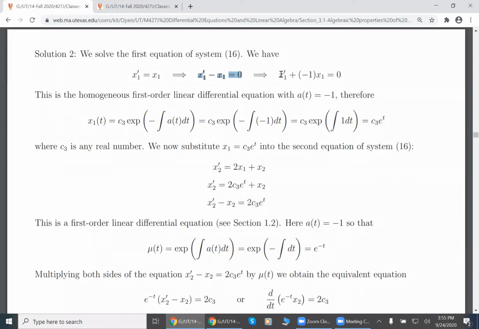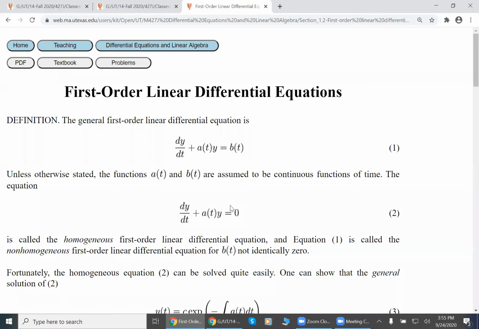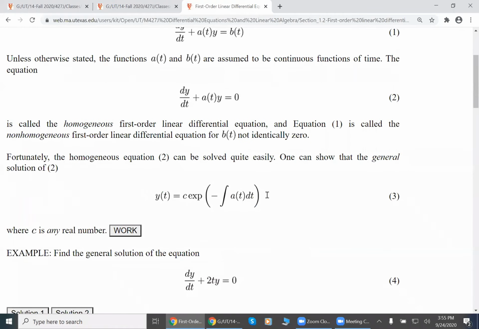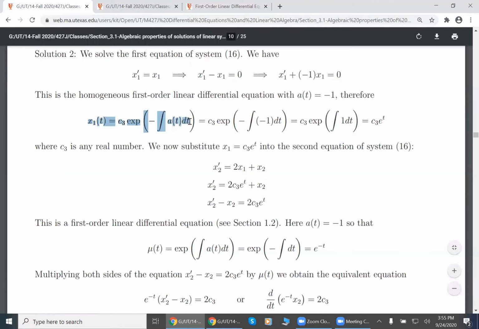Rewrite this as x1 prime plus -1 x1 is equal to 0 and apply this formula. This formula is taken from section 1.2. Here is this formula. So we apply this formula where a of t is equal to -1.